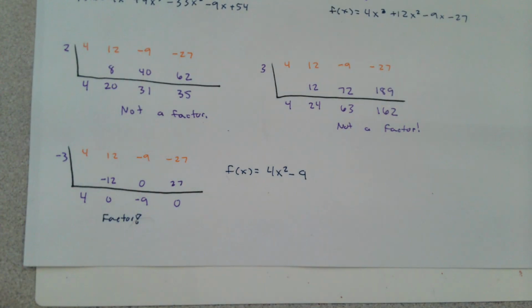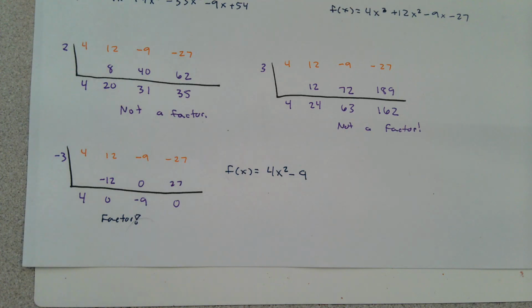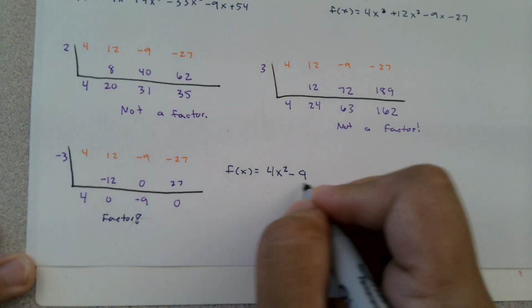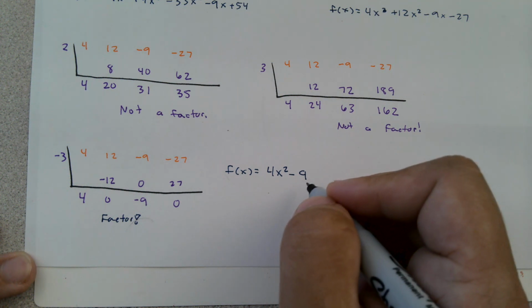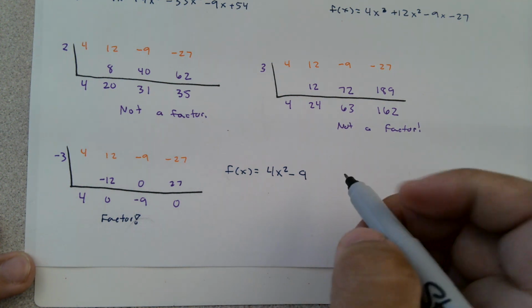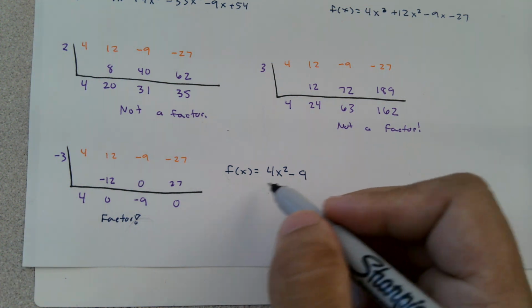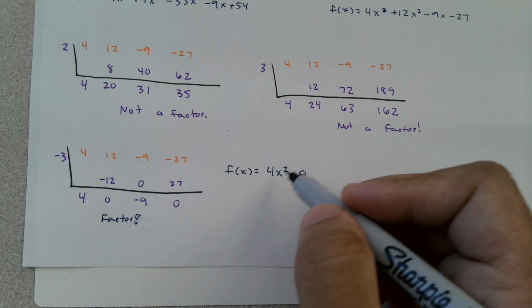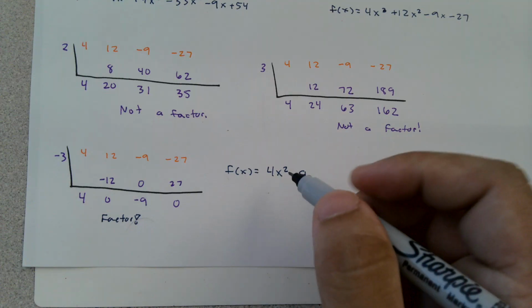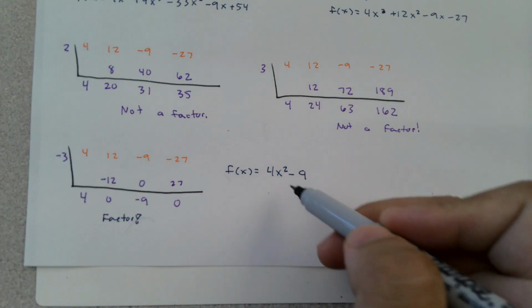This is called a difference of squares, where 9 is a perfect square, because the square root of 9 is 3. 4x squared is a perfect square, because the square root of 4 is 2, and the square root of x squared is x. And it's separated by a minus sign.